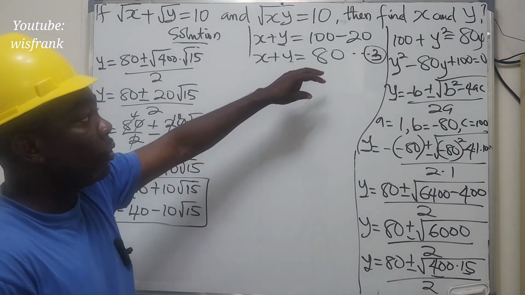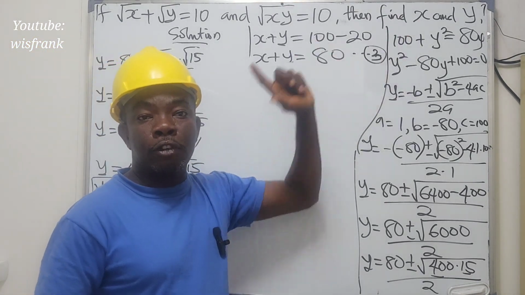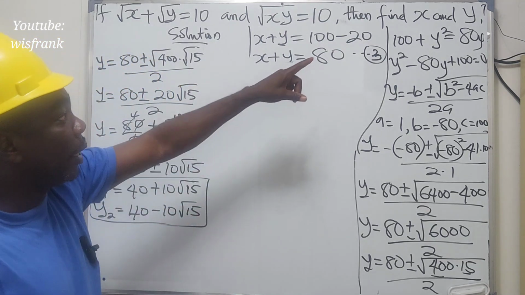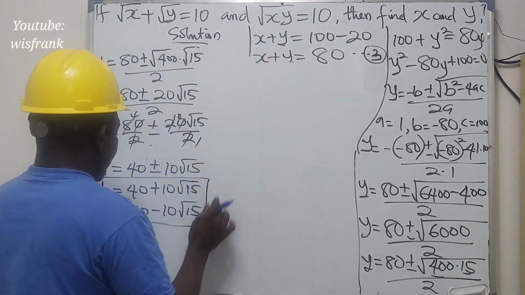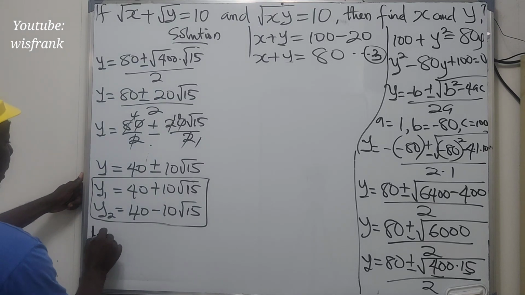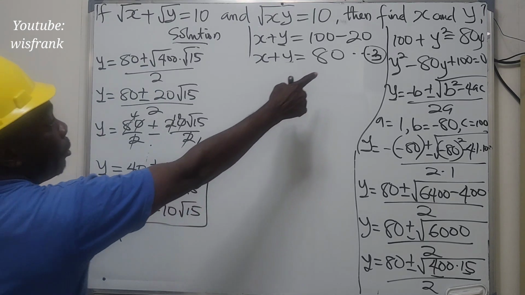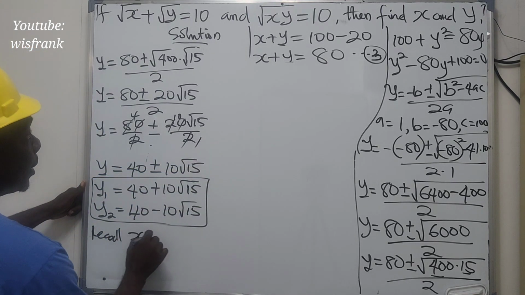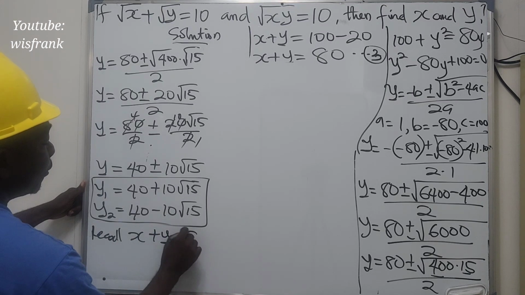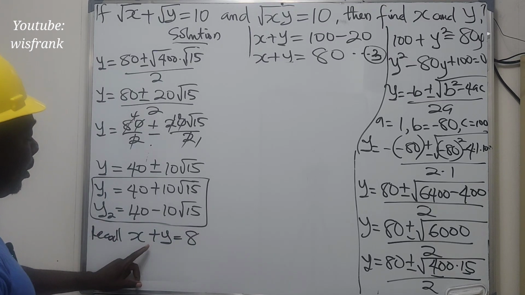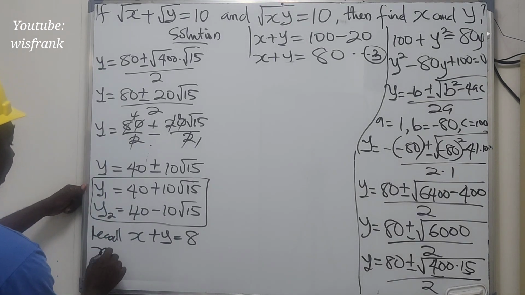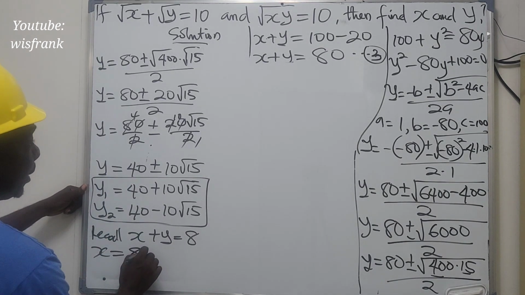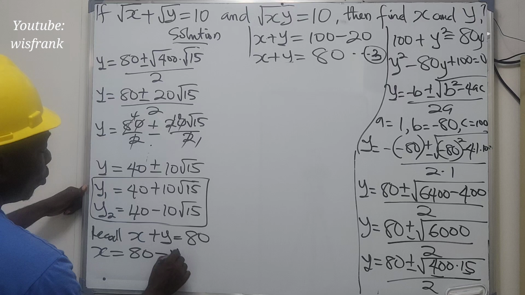So we are asked to find x and y. We have gotten y and we are now going to find the value of x. From equation 3, x plus y equals 80. So from here, we can make x the subject of this expression, which is x equals 80 minus y.